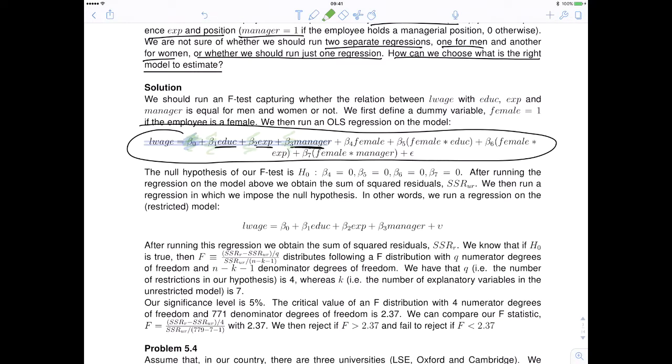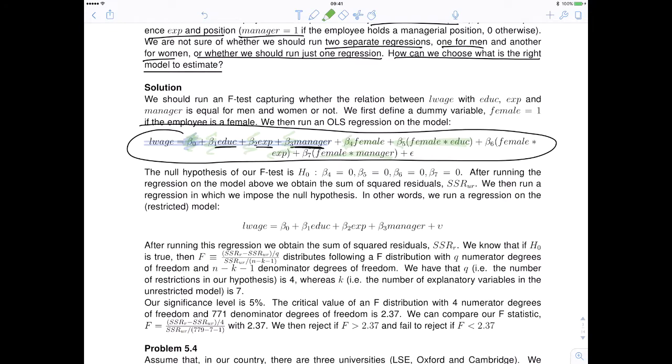If all of those coefficients could possibly change, then we need to interact all of them. We need one for the intercept, we need one for the interaction between female and education, female and experience, female and manager. You need all of those interactions in order for that to work, okay?